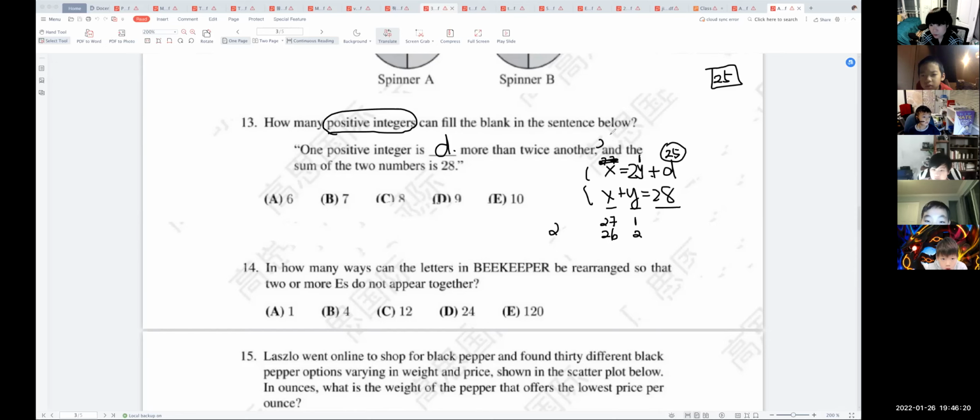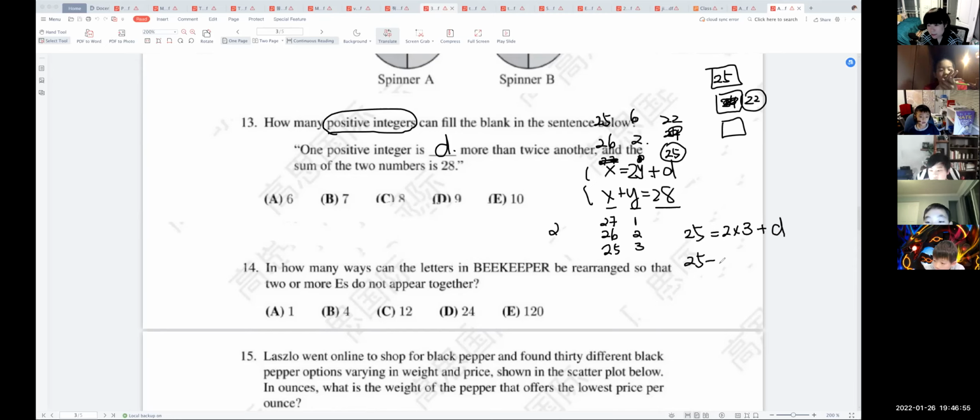If x equals 26, y equals 2, so 26 minus 4 equals 22, sorry. When x equals 25, y equals 3, so 25 equals 2 times 3 plus d. So 25 minus 6, d equals 19.